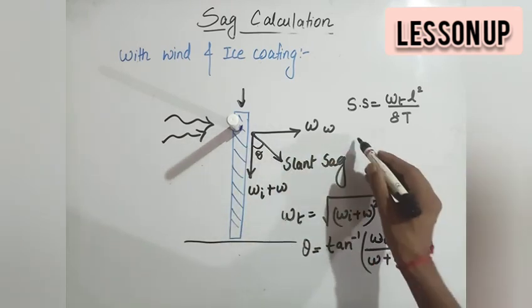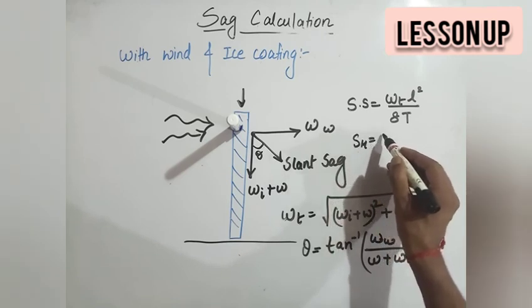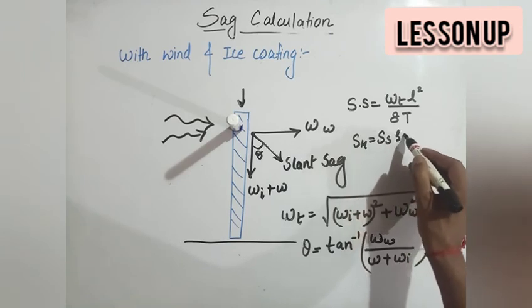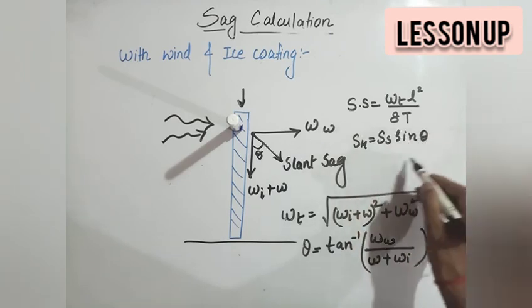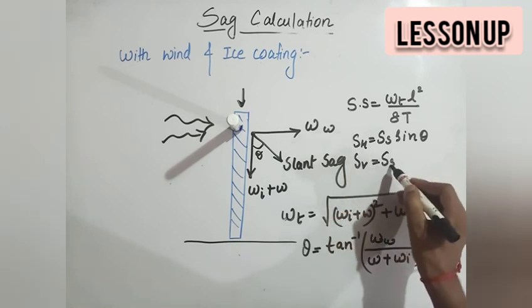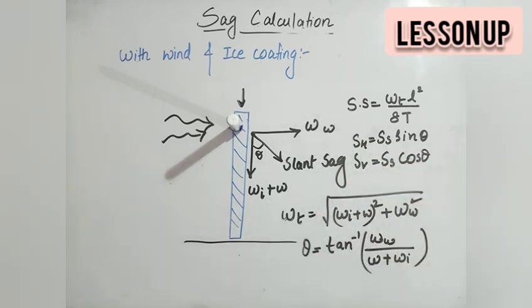So the horizontal sag should be equal to slant sag into sin theta, and the vertical sag should be equal to slant sag into cos theta, according to trigonometric equations. In the next video we will see a few questions related to this topic. Thank you.